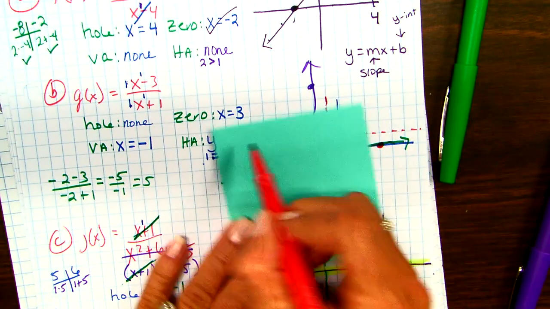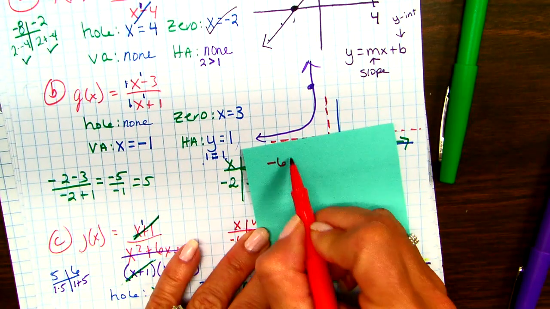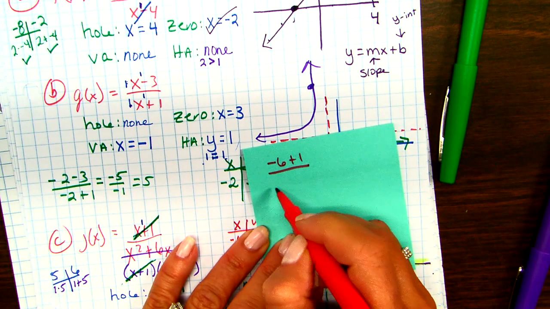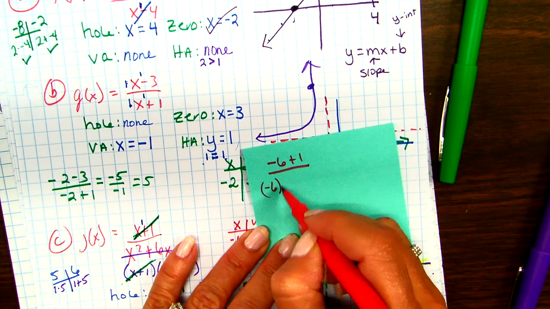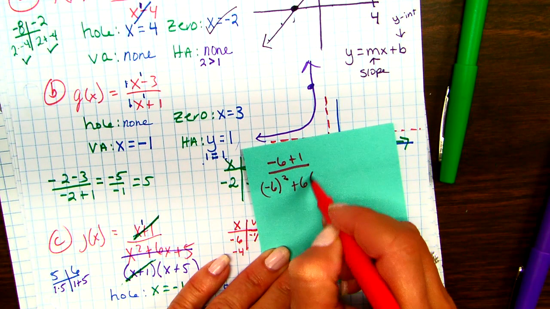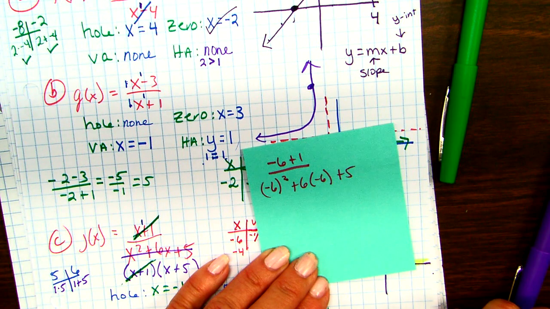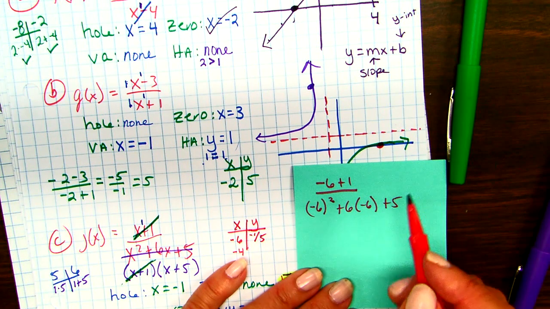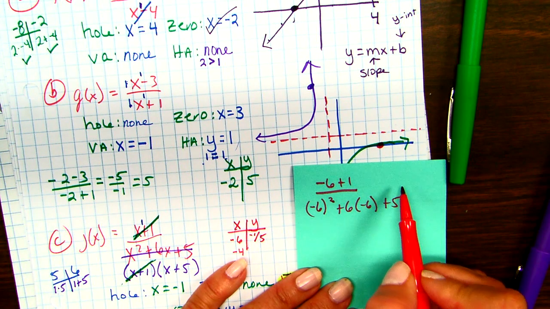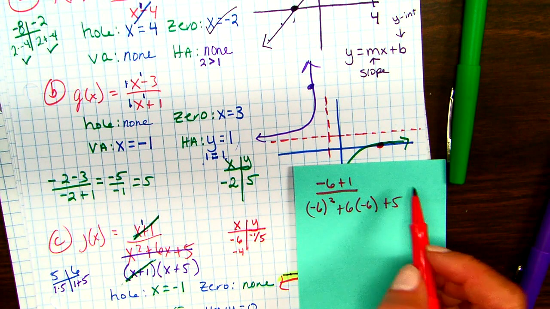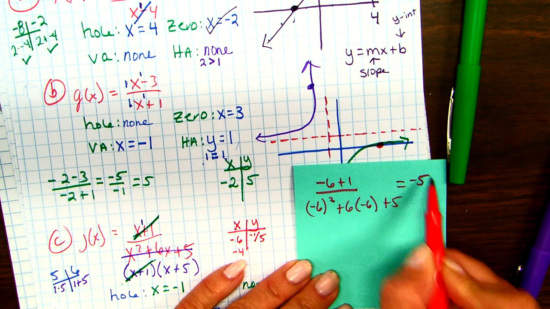Oh, is that a -5 on top? Oh, what did I do? -6, that's a -5 on top, not a -1.